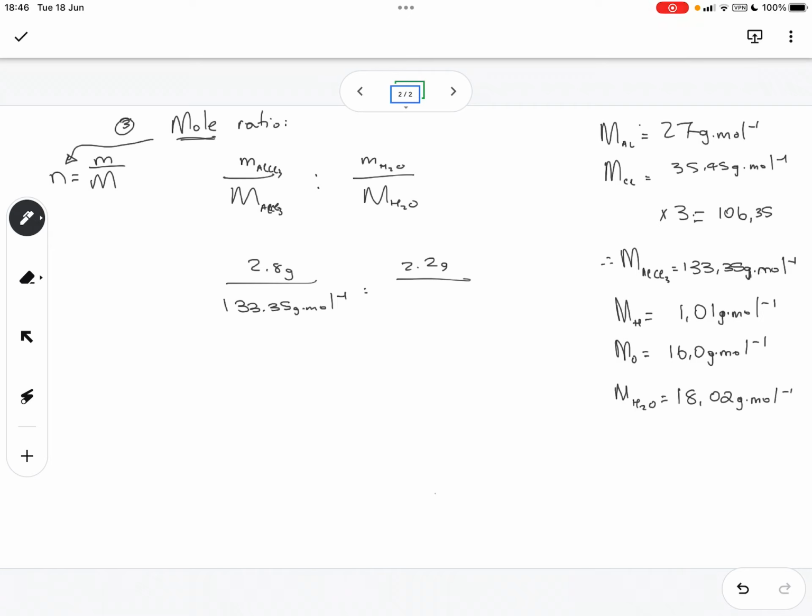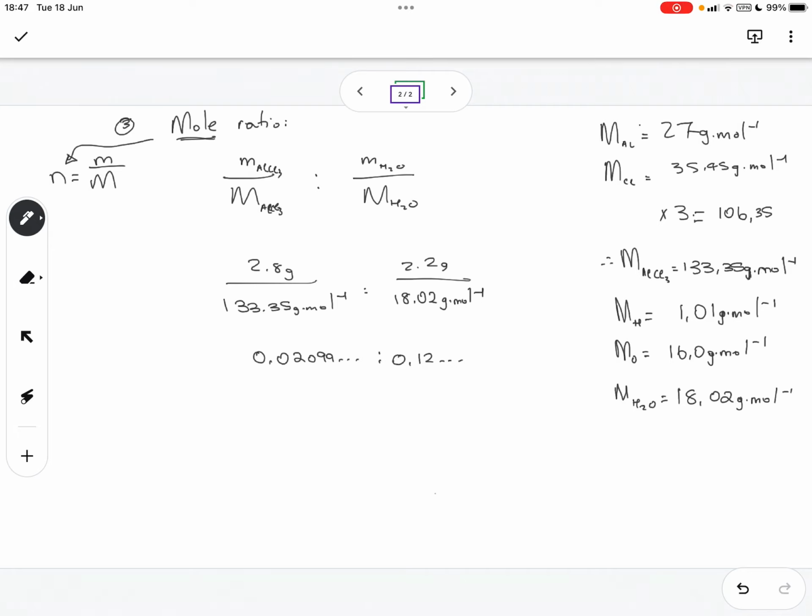And now we substitute that there, 18.02 grams per mole. So that means if we take 2.8 divided by 133.35, then we get 0.02099 is to 0.12 there.